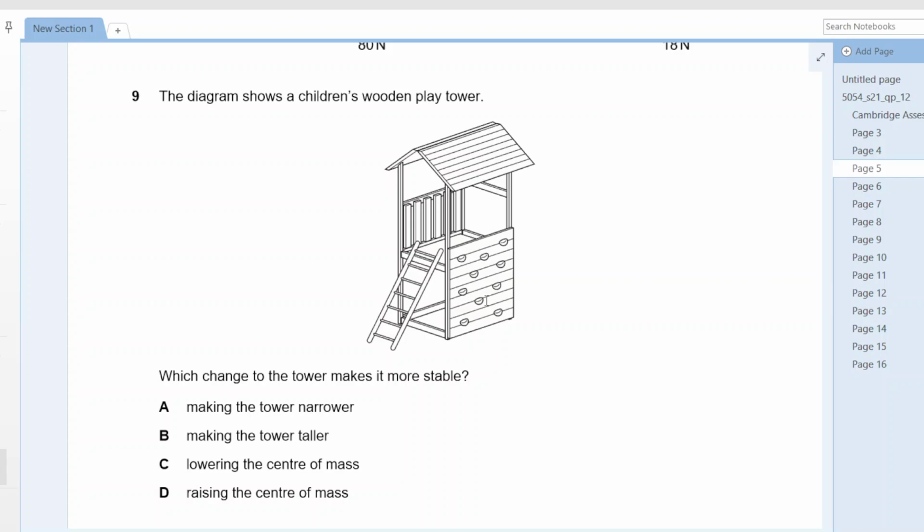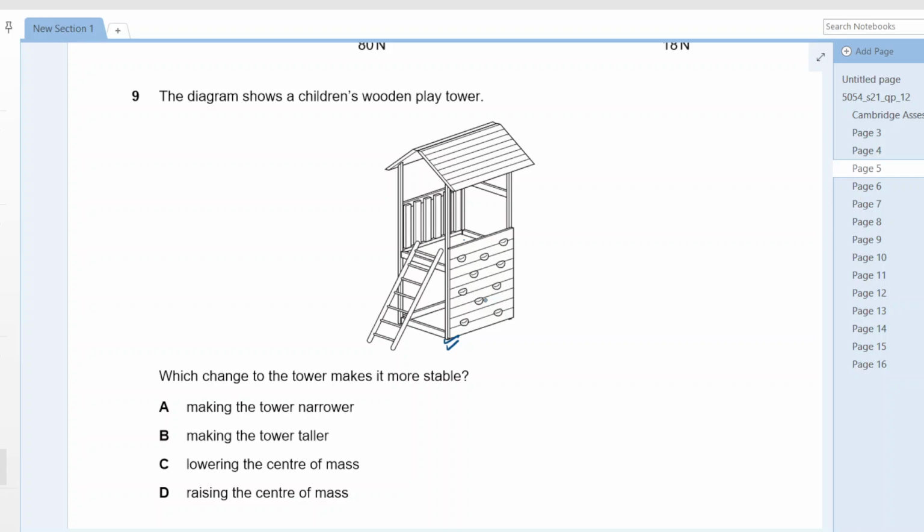We know the conditions for stability are the surface area of the object in contact with the ground and the height of the center of mass.